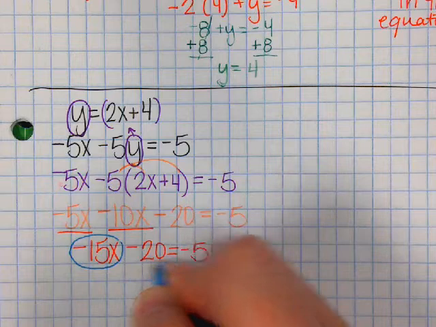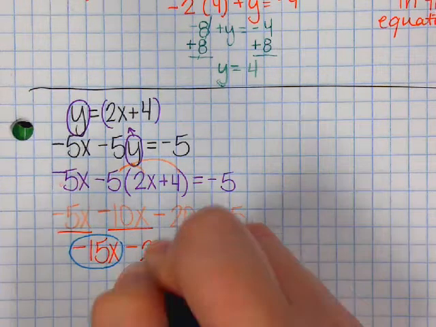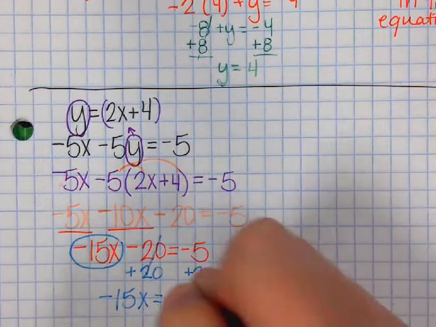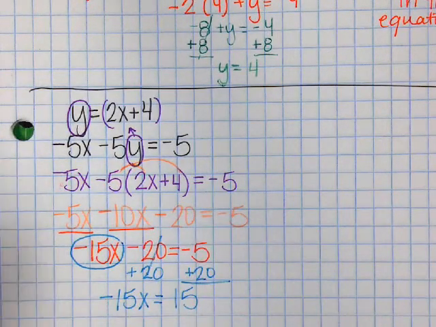Still keep solving for that variable. The opposite of subtract 20 is add 20, and add 20. So it would be negative 15x equals 20 minus 5 would be 15.